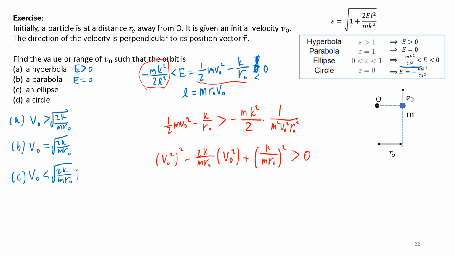This is a quadratic equation in V0 squared, not just V0. It's more convenient to write it this way, because I have this nice quadratic equation, and this can be written as V0 squared minus k divided by MR0 square, all squared.